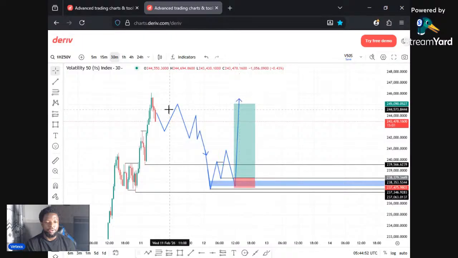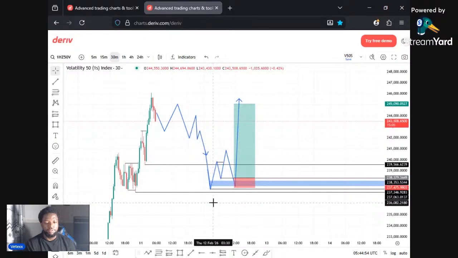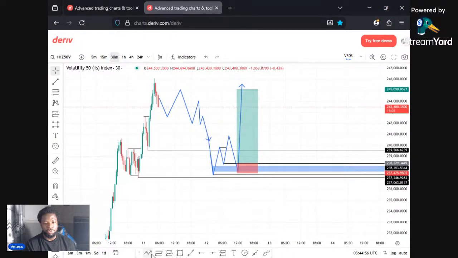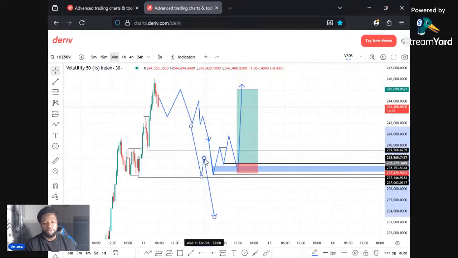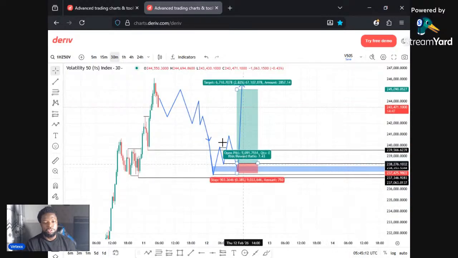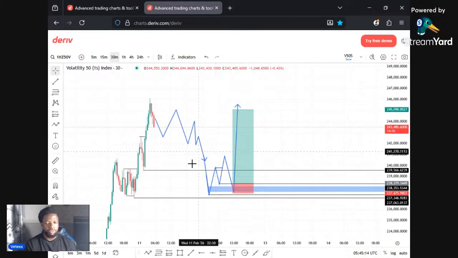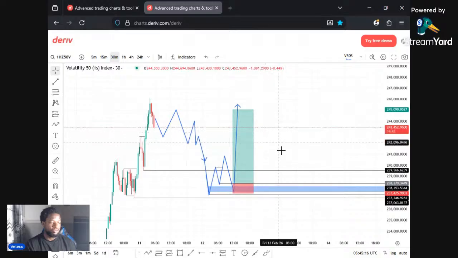Price might come here, dance around, then come to this zone, come down like this, give you confirmation, dance around, and boom to the downside. But if you waited for this, you wouldn't have experienced that disappointment. This is the best approach you need to use. All right, so this is how you treat this.